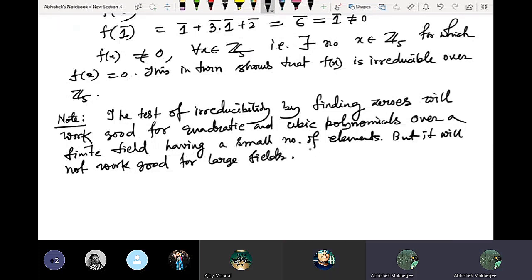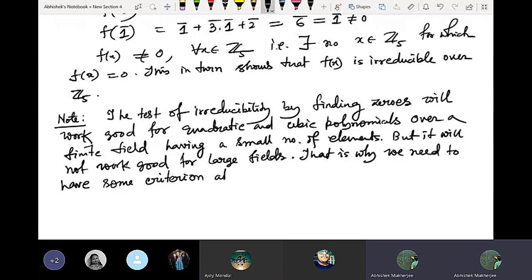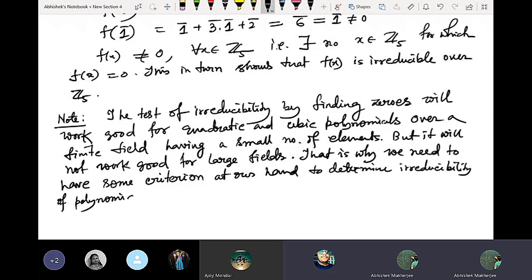So that is why we need to have some criteria at our hand to determine irreducibility of polynomials in F[x], the polynomial ring over a field F.